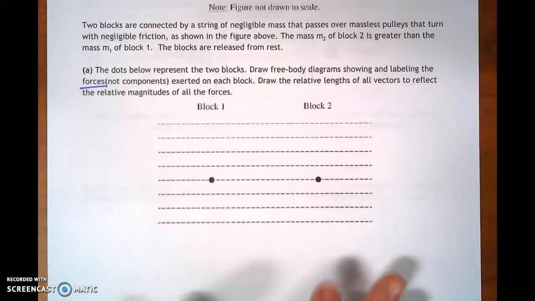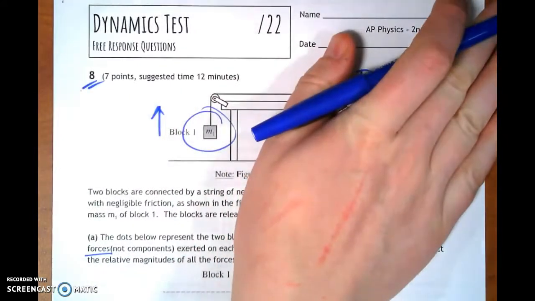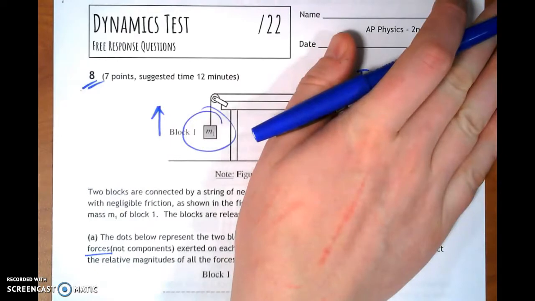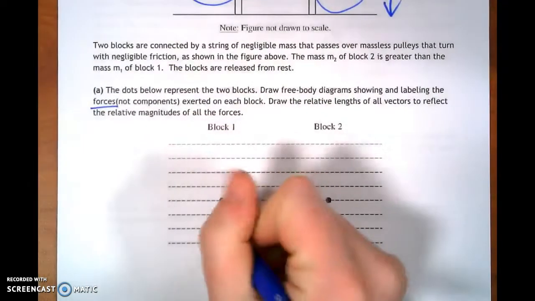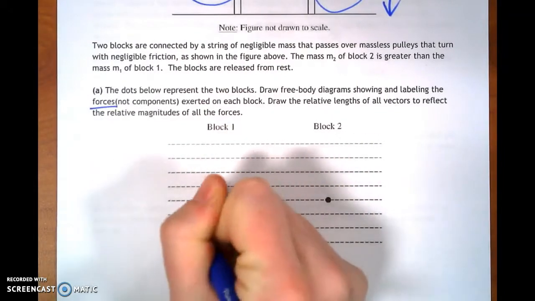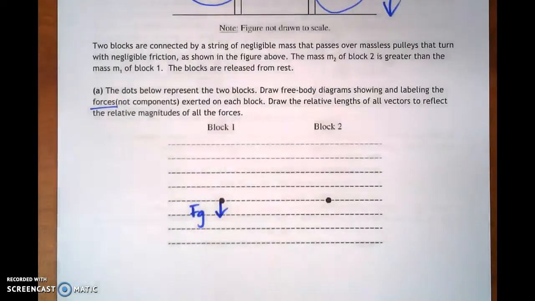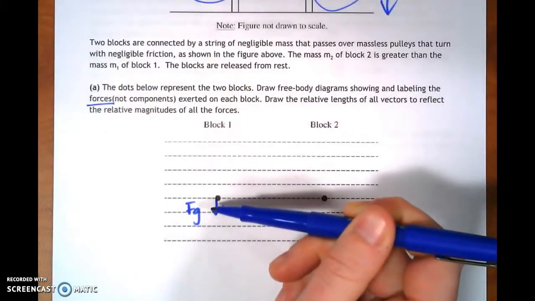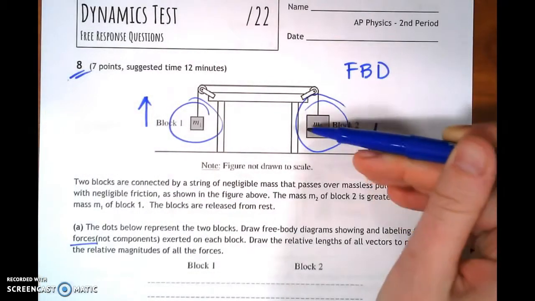So, the first thing I'm going to do is easy. What are the two forces that are acting up here? Well, gravity's pulling down on mass 1 and there's a string pulling up on mass 1. Are there any other forces? No. So I've got my force due to gravity pulling down. And before I label my tension, the force of the string pulling up, I want to think about this force of gravity and compare it over here to this force of gravity.